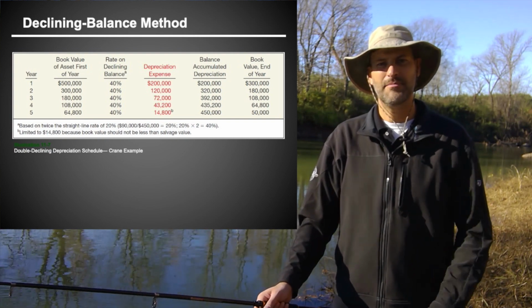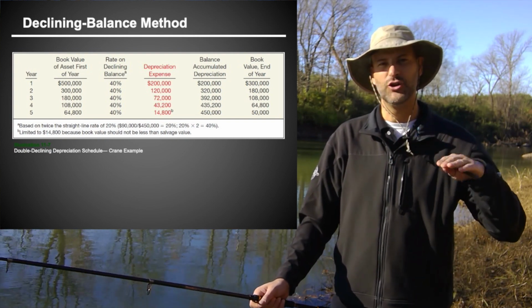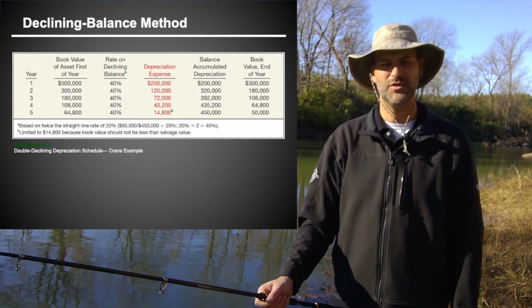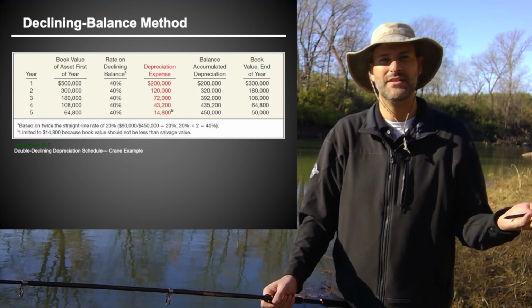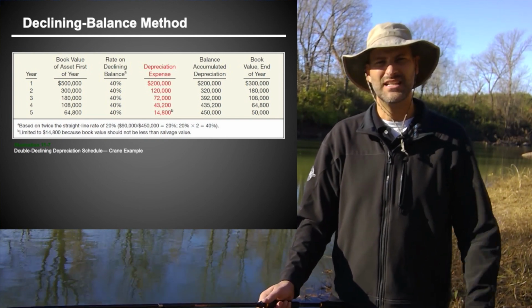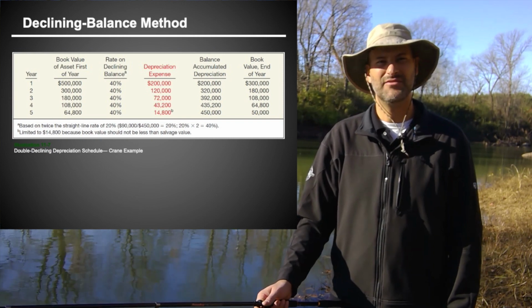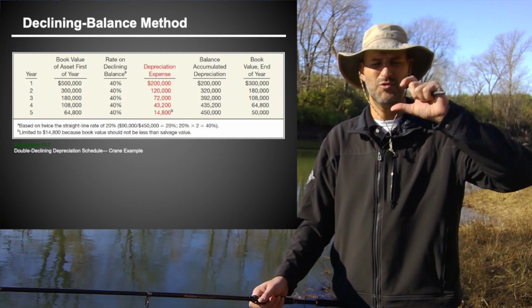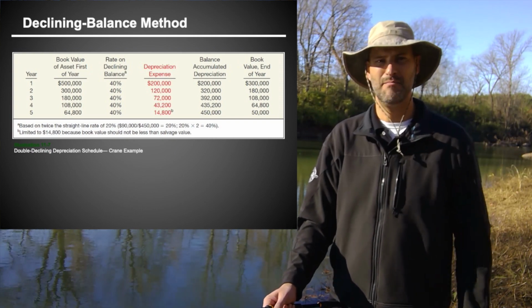If you do the math, the last year is not a full 2/5 of the depreciation. We would depreciate it lower if we continued the method, but we stop when we hit salvage value. So $50,000 is where we stop depreciating. And that is the declining balance method. Specifically, the example I just walked through is the double declining balance method.